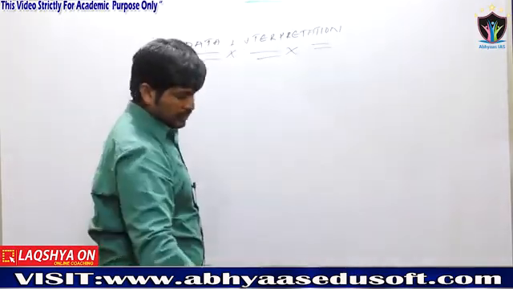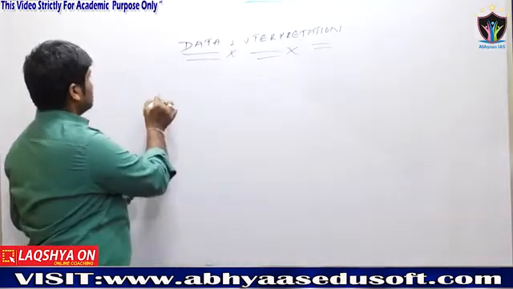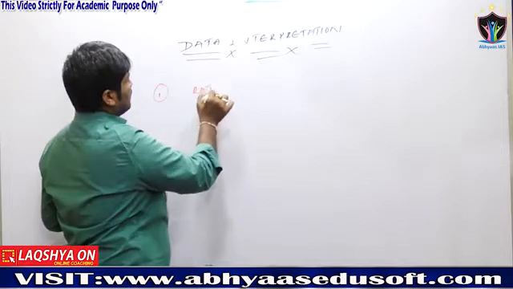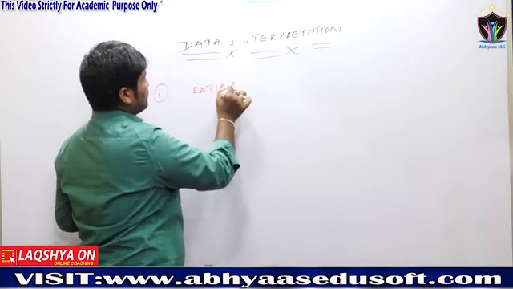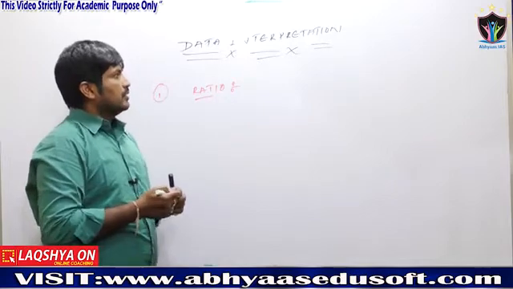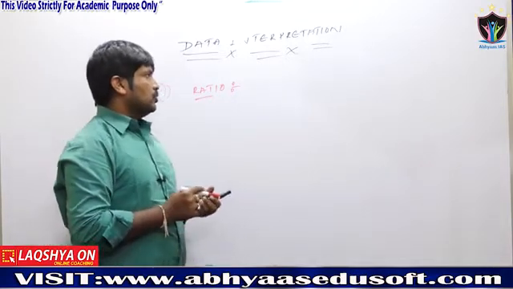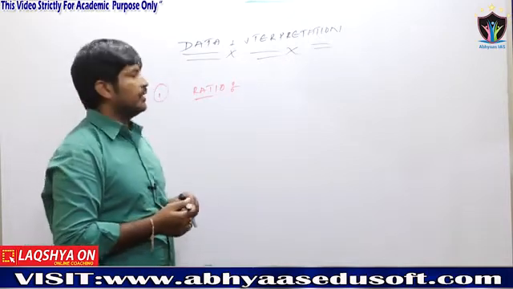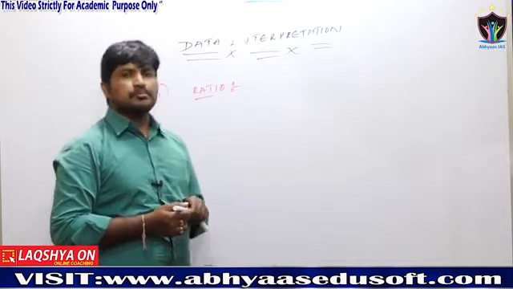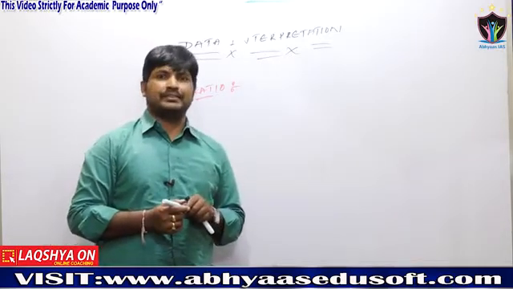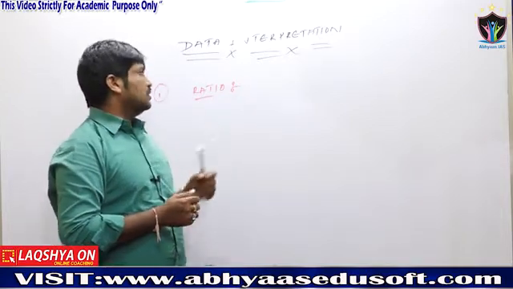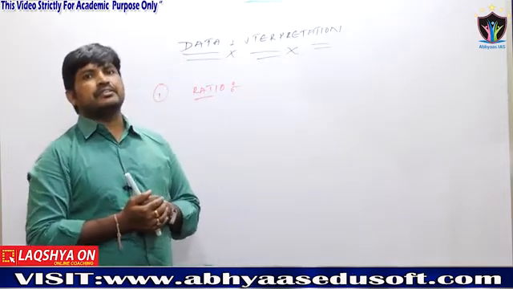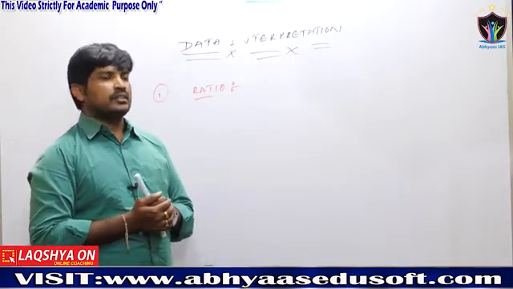First thing is ratio. What is meant by ratio? Comparison between two similar quantities is called ratio.